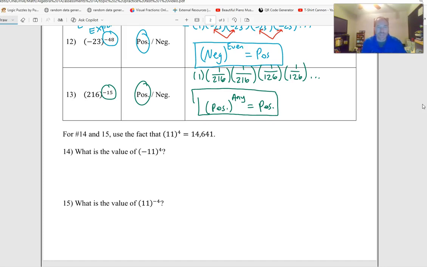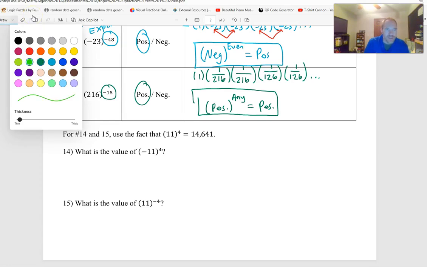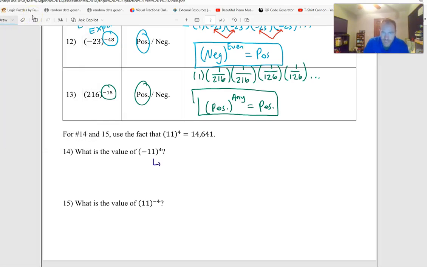14 asks us, what is the value of negative 11 to the 4th power? So the value means like do the operations, evaluate, calculate, give me a number. Just a single number, no operations. Well, let's think about this here. Negative 11 to the 4th power would mean in expanded form, start with a positive 1.